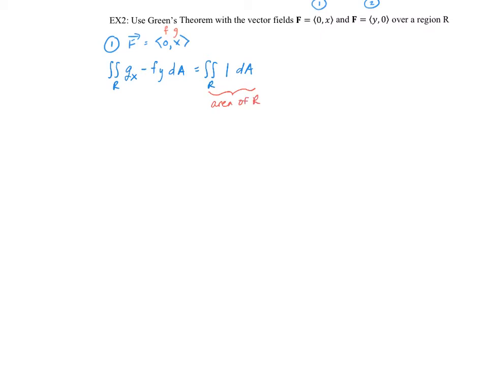Okay, something to note here, going back to our line integrals, is if we have our single integral of f dotted with the derivative of r, that's going to be 0, x dotted with the derivative with respect to x, derivative with respect to y.